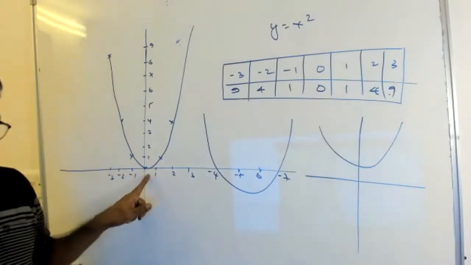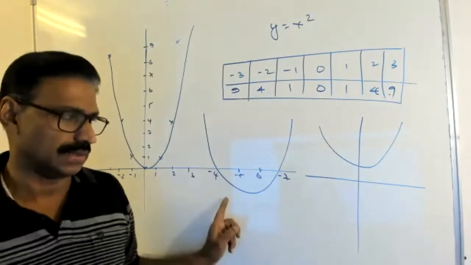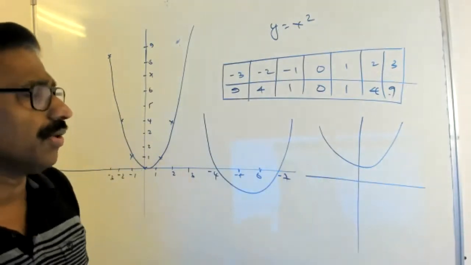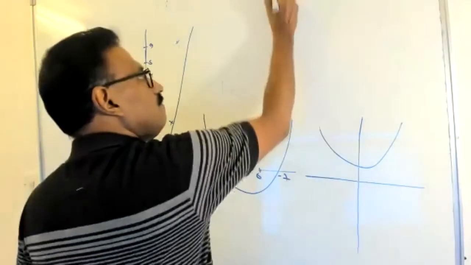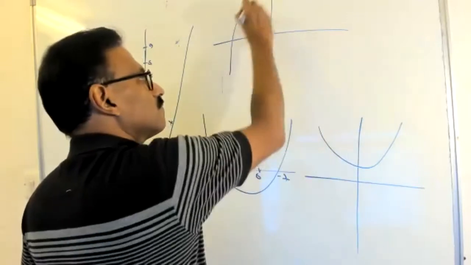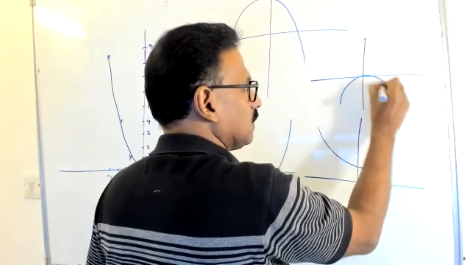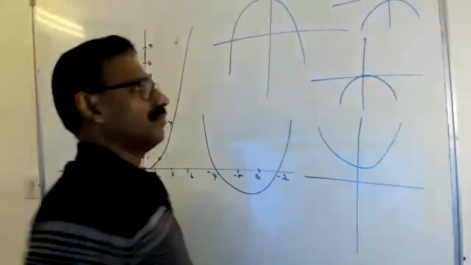Maybe it just touches the x-axis. Here, crossing the x-axis at 2 places. Here, not touching. It's not only like this. Maybe it comes this way also, or just touches here, or like this. So you are confused.